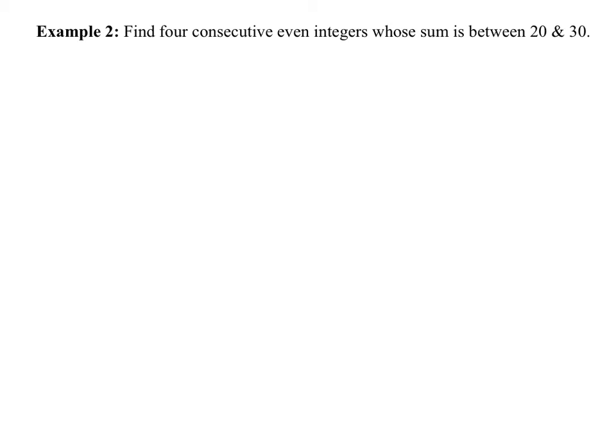I need an integer between those two numbers. 2, 4, 6. 2 is not in there, right? You see that? 4 is in there, 6 is beyond. So x is equal to 4.